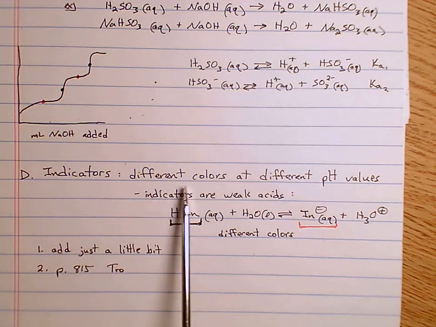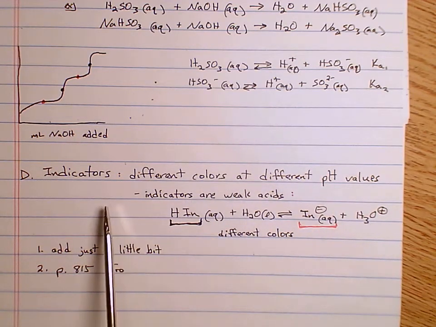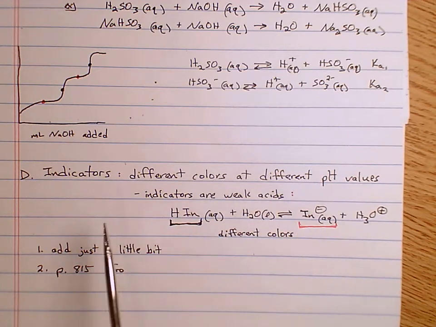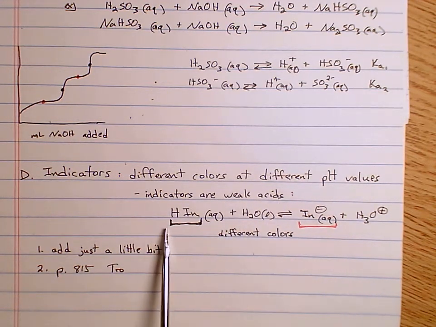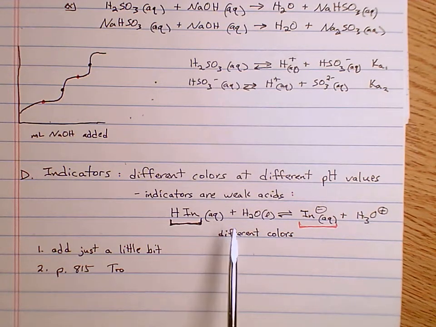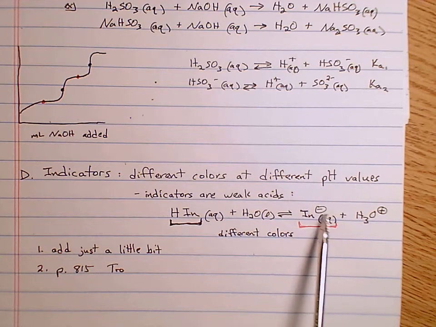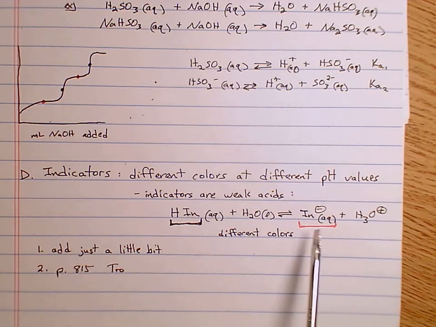Indicators are just molecules that have different colors at different pH values. And so if you're having pH changes, that means you're having protons either going on or coming off. Turns out indicators are all weak acids, where if you have the indicator with the proton on it, you add water, it will dissociate into the indicator without the proton on it and H3O plus, just a standard weak acid dissociation.